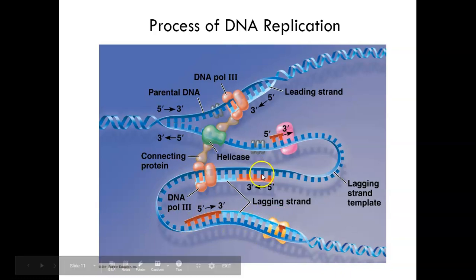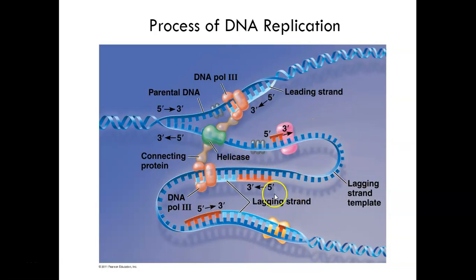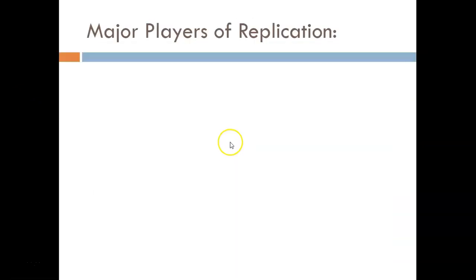And then there's one upstream of it doing the same thing that will run into the next. So you're still generating things in the 5' to 3' direction. It's just that you are overall hopping upstream in the 3' to 5' direction.